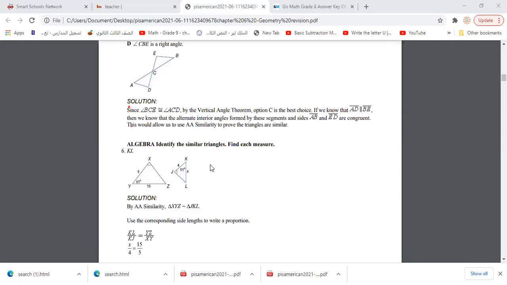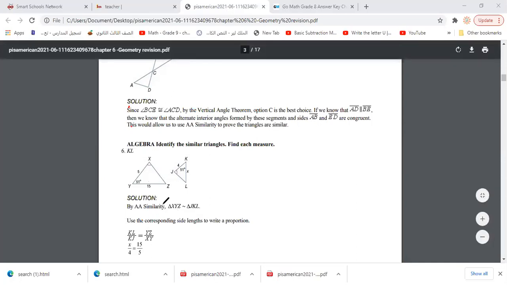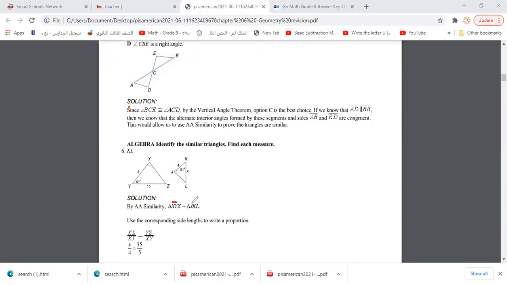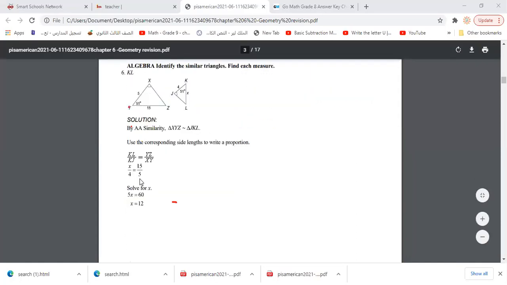Once we prove that the 2 triangles are similar, we can use a proportional relation: XY over JK, YZ over KL, XZ over JL. Then you substitute the part you are looking for.